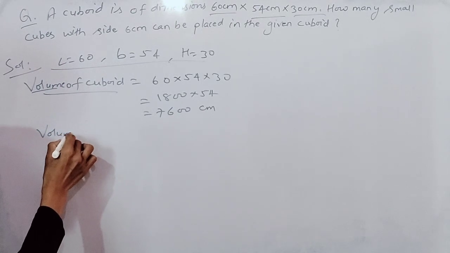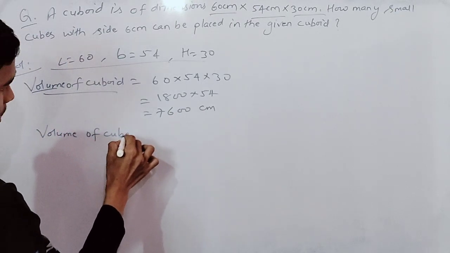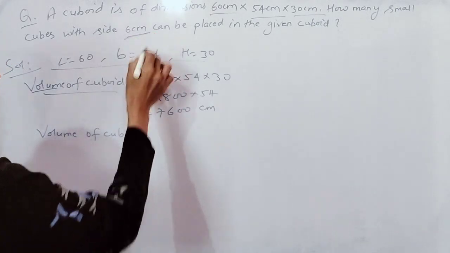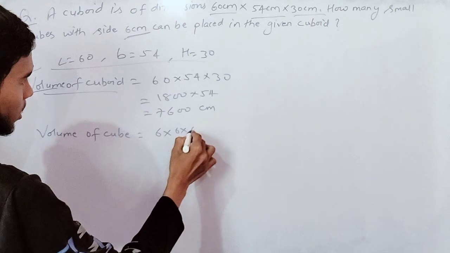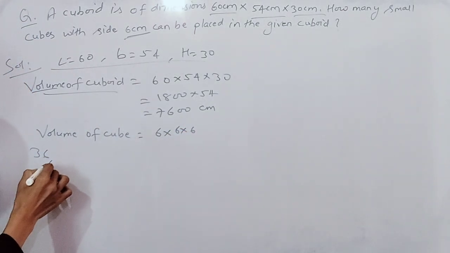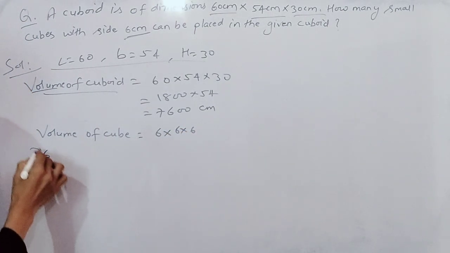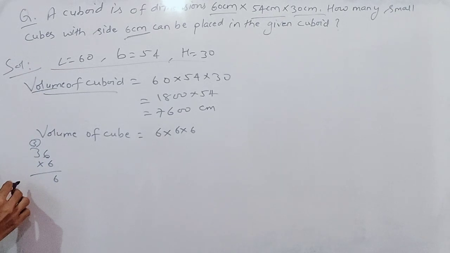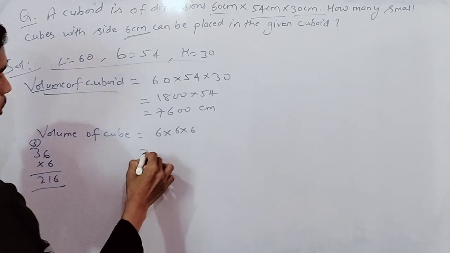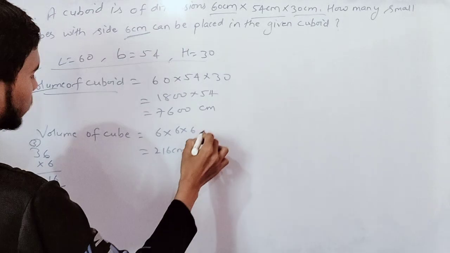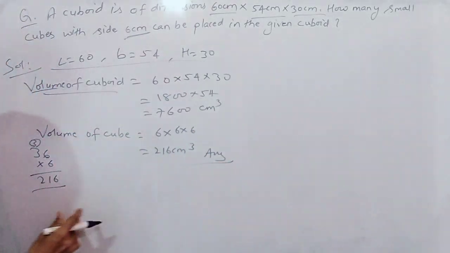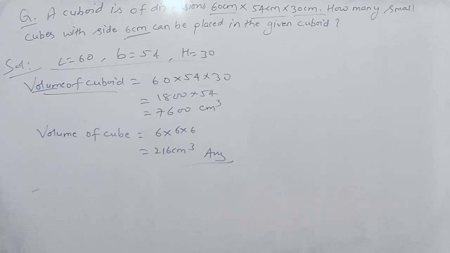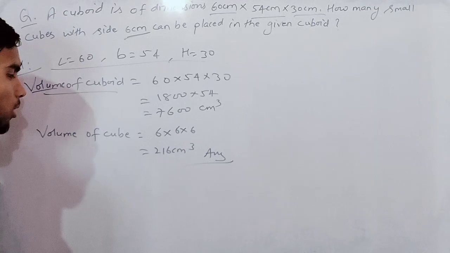Now volume of a cube whose side is 6. So volume is 6 multiplied by 6 multiplied by 6. 6 6s are 36. 36 multiplied by 6 is 216 centimeter cube. This is the answer, volume of a cube. Now how many?